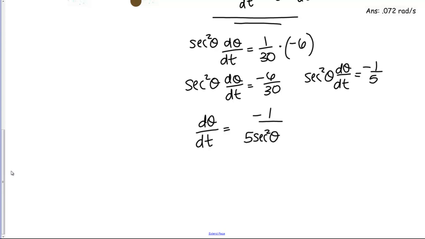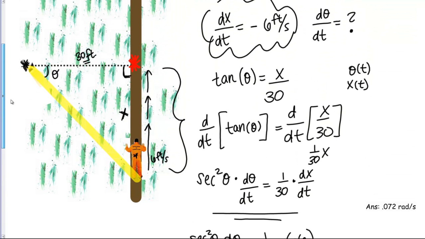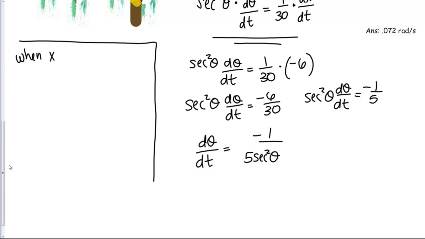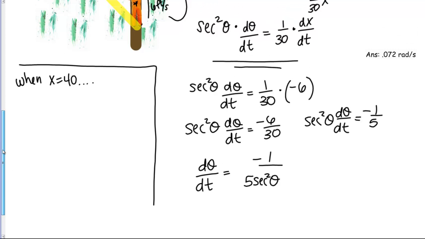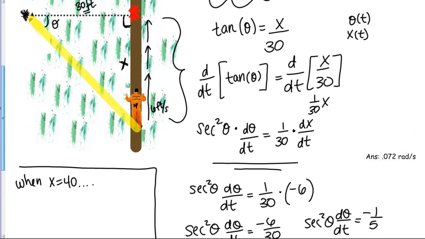So that's maybe a little alarming, but it's okay, because if we know x equals 40, then we can use our original triangle relationship to figure out what theta should be. So let me make a little side note over here. We're going to concentrate on this when x equals 40 piece of information, and we want to find out what theta is when x equals 40.